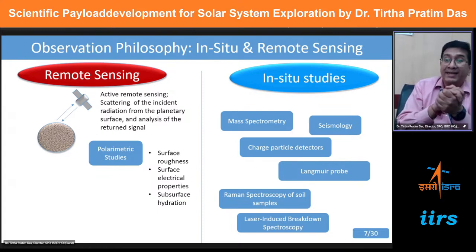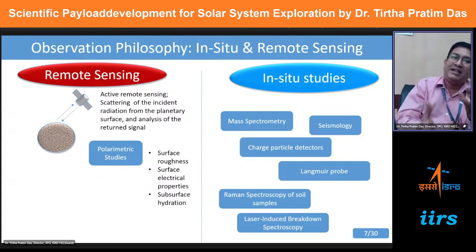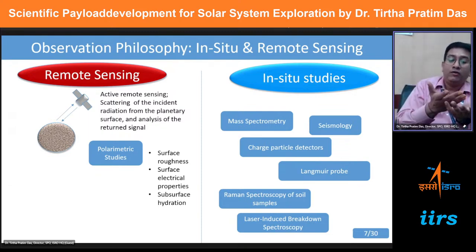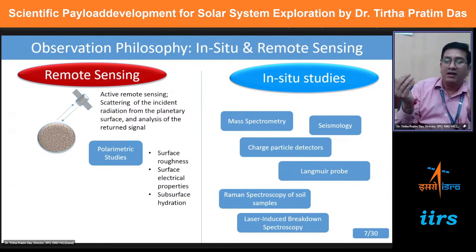Another kind of remote sensing instrument could be active remote sensing, as I mentioned. You send a signal, you receive part of it back, and then you get information about the planetary surface, not only the roughness of the surface, it could also tell you about the kind of minerals which are present, whether there is a signature of water, either in the form of ice or subsurface.